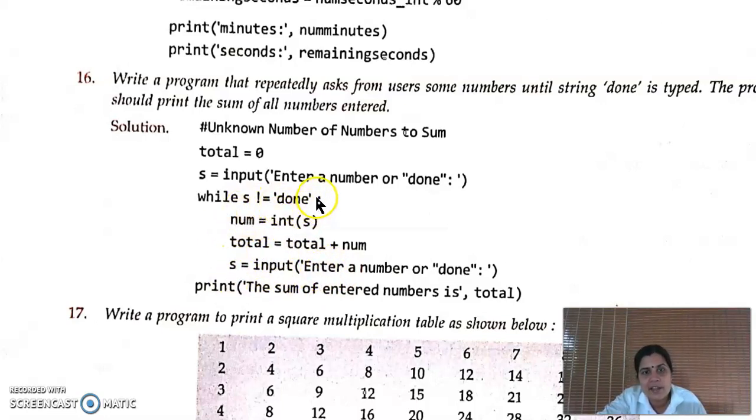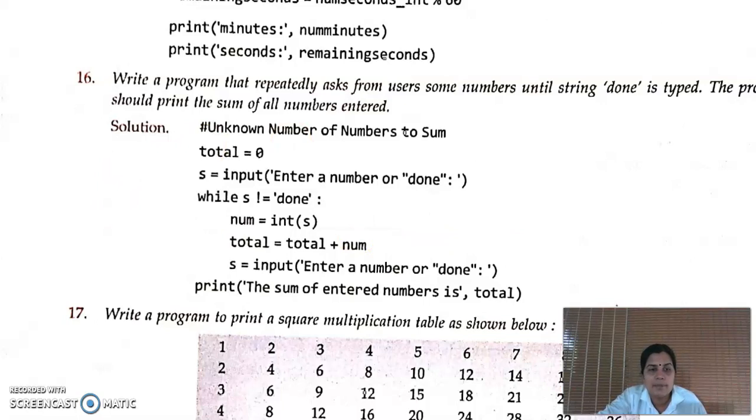So the condition is true, then it goes to num equals int of s, meaning num equals 3. Total equals total plus num: the value of total is 2, because in the previous case we assigned 2, so 2 plus 3, 5 will be the answer of total. Again we input. If we input 5, then 5 plus 5, like that. When we input done, the program will stop.